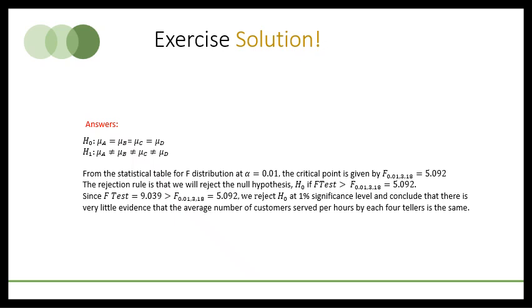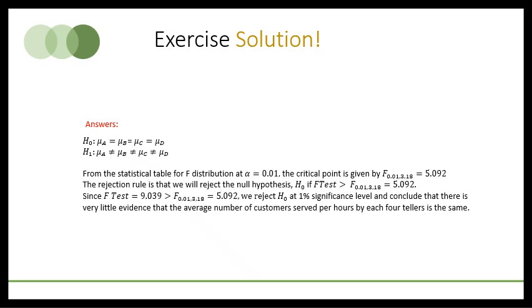After we have used all the formulas, the F test is equal to 9.039, and if we compare with the statistical table, you will get 5.092.